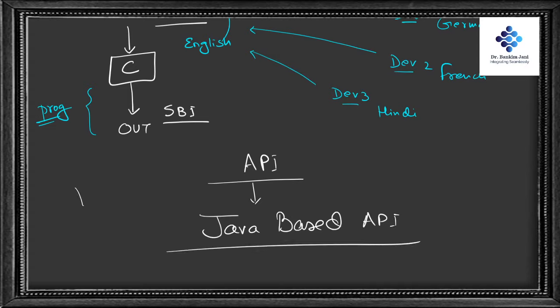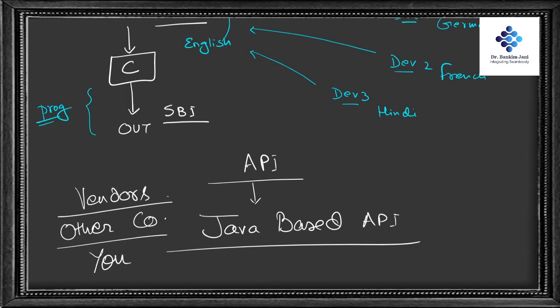So those vendors will make these APIs so that the device can communicate to the controller, or even other companies will make this API. Even you can make the API so that this device talks with that controller. Now everyone will be putting various functions for the control, and that's the reason that there are several controllers functioning for this entire operation.